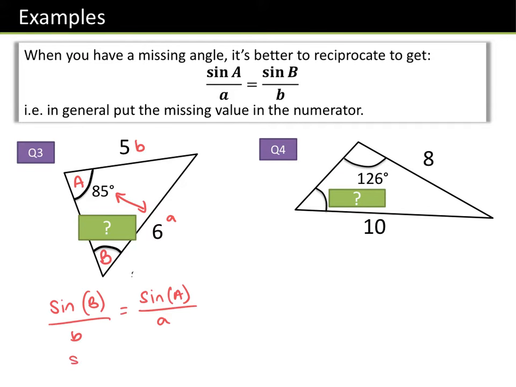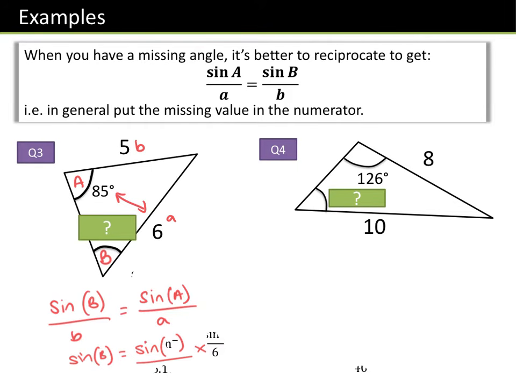So I'm going to get sine of B equals sine of A over A multiplied by B. Okay? And then what I'm going to do is I'm just going to rub out these little bits and write down what it's supposed to be.